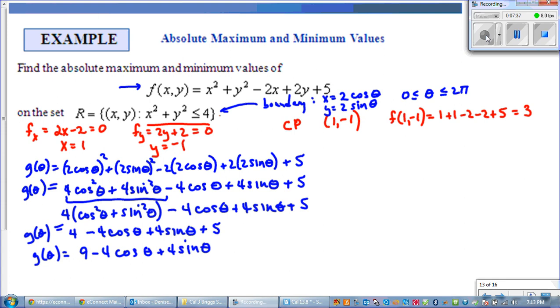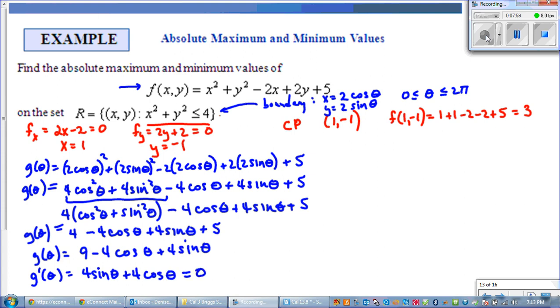So now that it's just one variable, we can get that by just taking the derivative and finding the critical points. So g prime of theta will be 4 sine of theta, the derivative of cosine being negative sine, plus 4 cosine of theta, and we set that equal to 0.